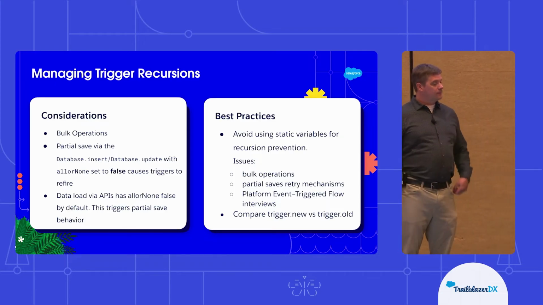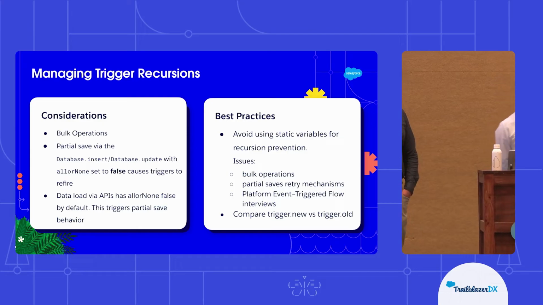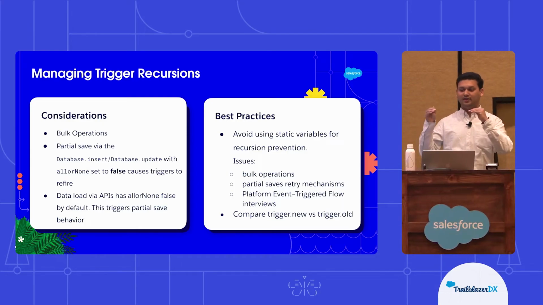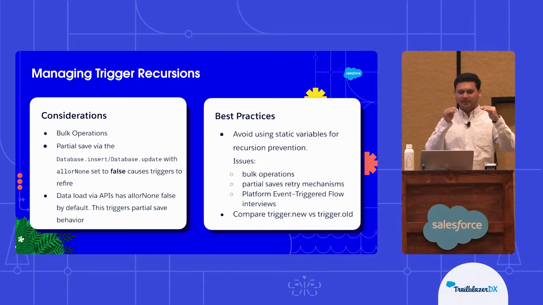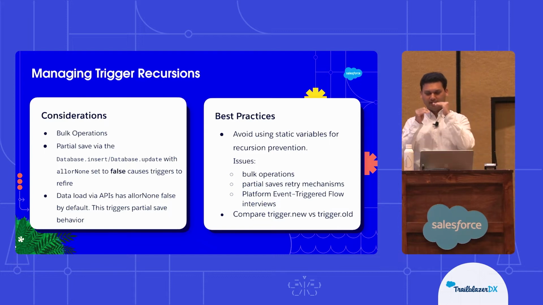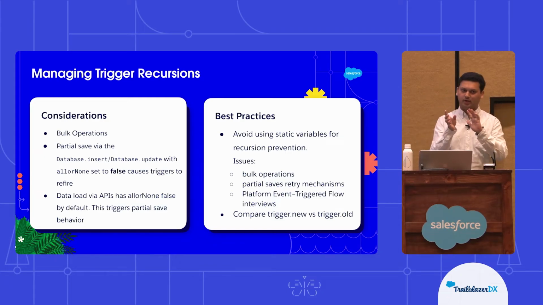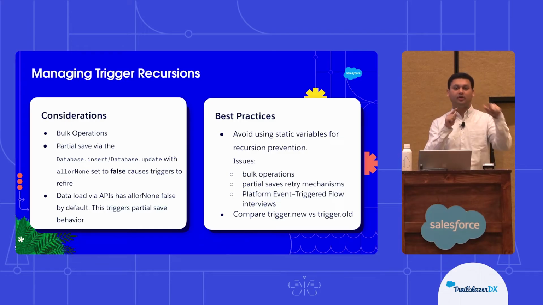Yeah, and there's one more scenario that I've seen, where you have triggers and then you have a workflow, and the workflow is updating the same field that the trigger is doing some action on. That's a very rare scenario. First of all, I would like you to think about avoiding that, but if you have something like that in the org, even comparing old and new will not work, because when the workflow modifies something, the trigger.old value is the previous value.